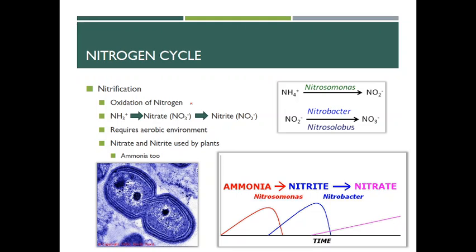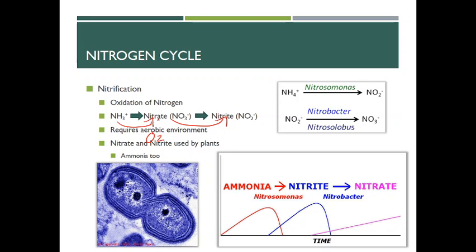Now, nitrogen can further be processed from ammonia, and this is done either by bacteria, or some plants will do it, but they'll put oxygens onto it to make it into nitrate and then further into nitrite. This requires an aerobic environment. Aerobic meaning oxygen. Not surprising, if you're going to put oxygen onto ammonia, you need the oxygen to begin with.